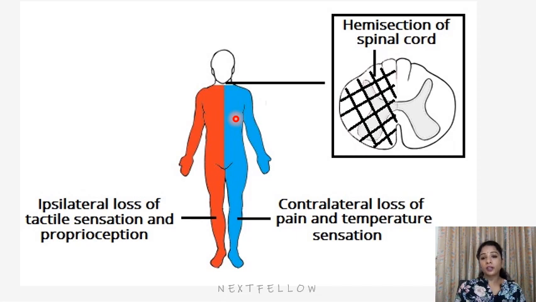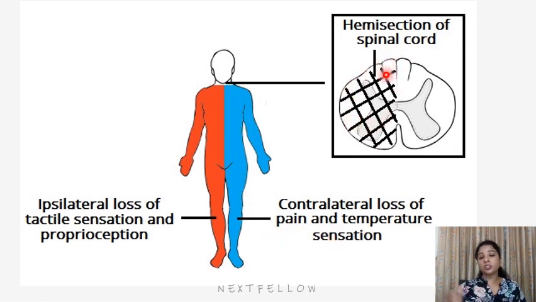Hemisection of the spinal cord is called Brown-Sequard syndrome. Brown-Sequard syndrome is ipsilateral motor paralysis, that is same side motor paralysis, ipsilateral motor loss, and ipsilateral loss of proprioceptive senses as well, and contralateral loss of pain and temperature sensation.